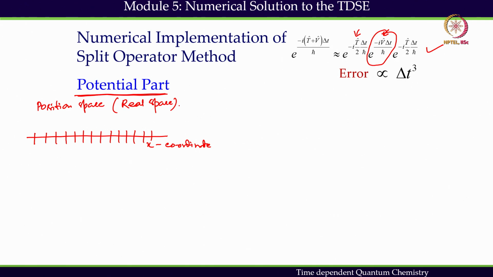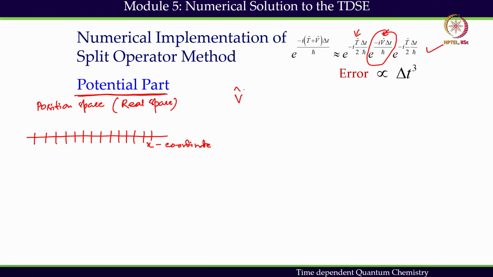In the position space grid representation, which we have already seen in Python chapter 2, as well as in this module, we have shown how to prepare the grid in the position space. The potential energy operator can be represented by a diagonal matrix directly. So that's the good news.